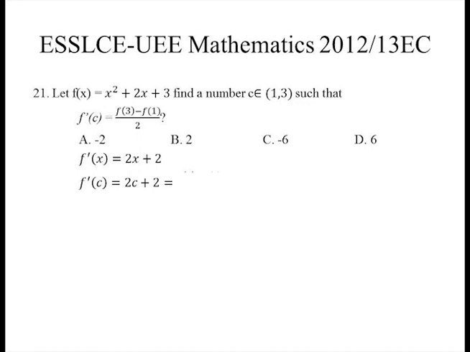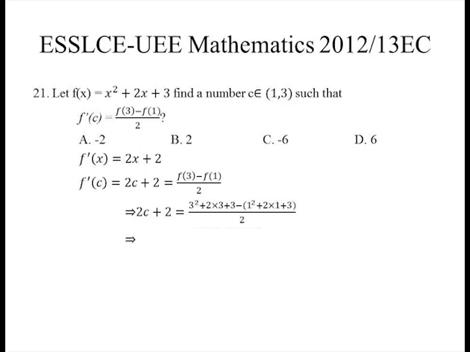This is equal to the given, that's f of 3 minus f of 1 divided by 2. This implies 2c plus 2 is equal to f of 3, which is 3 squared plus 2 times 3 plus 3, minus f of 1, substitute 1 in place of x, we'll find 1 squared plus 2 times 1 plus 3, divided by 2.